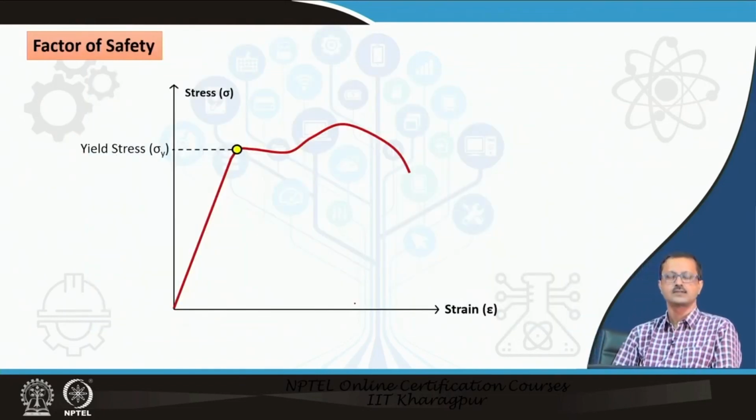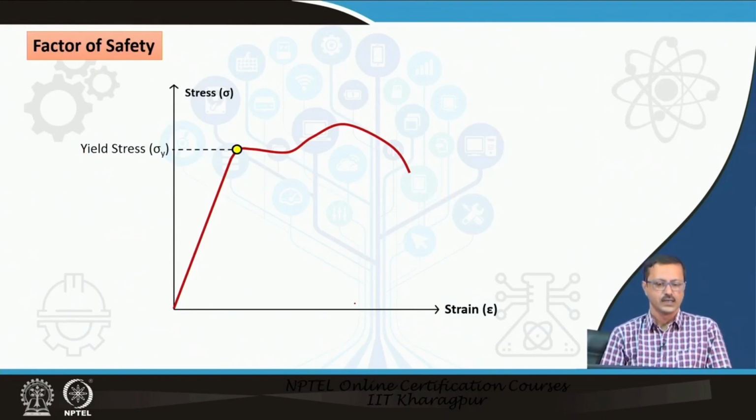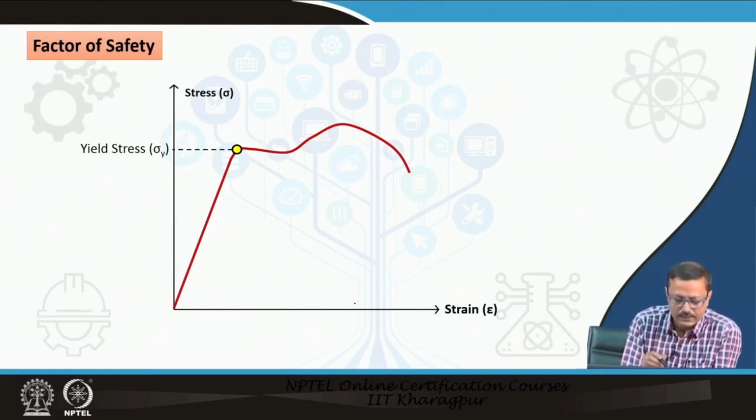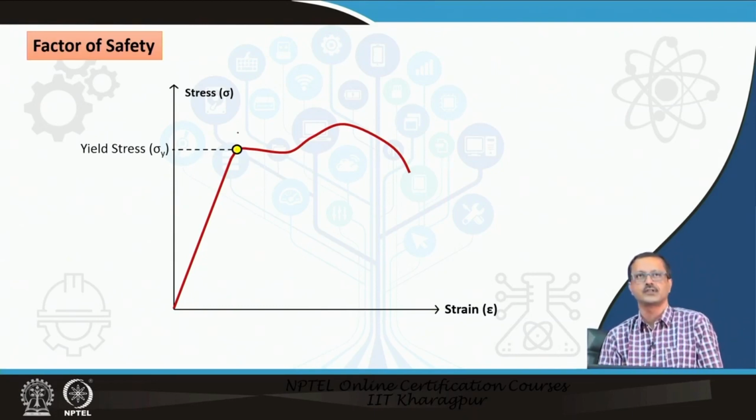So, now let us discuss the next topic, the factor of safety. The curve is very well known to you. We have discussed that one. It is the stress strain curve of steel, and in it there is a yield stress occurring at a certain distance after the proportionality limit.